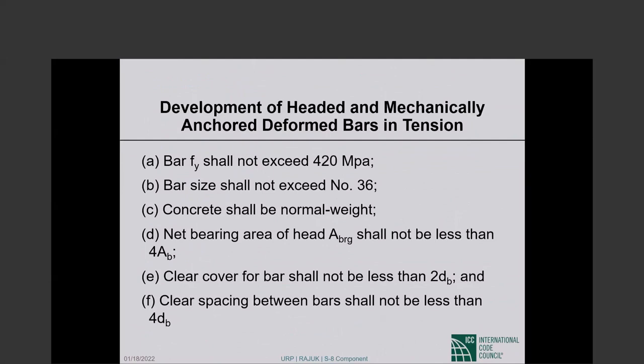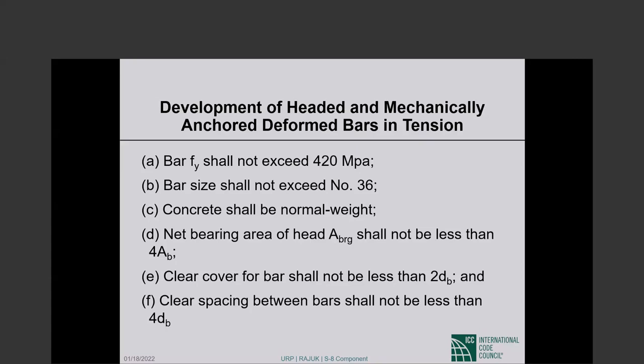Concrete shall be normal weight. Net bearing area of head shall not be less than 4 times the bar area. This is very important: net bearing area of head shall not be less than 4 times the bar area. Clear cover for bar shall not be less than 2 bar diameters, and clear spacing between bars shall not be less than 4 bar diameters.